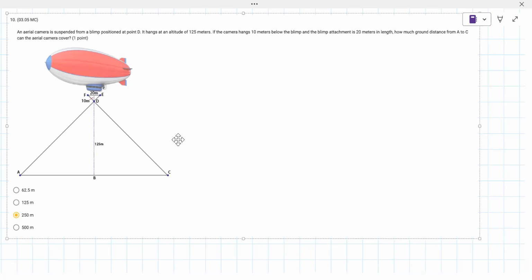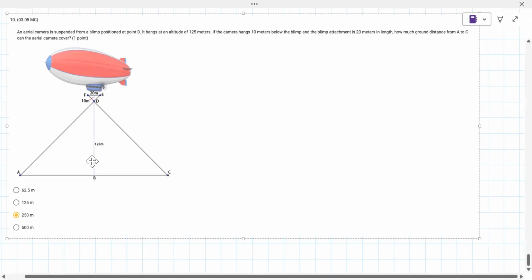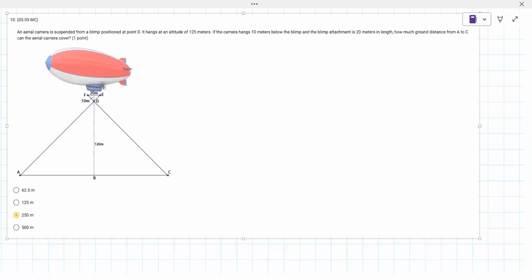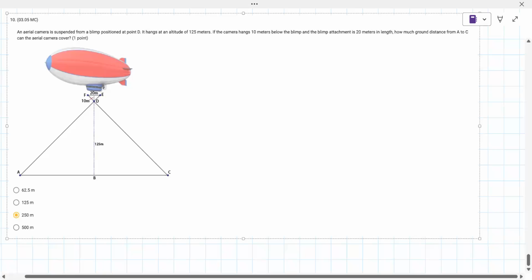So why don't you tell me what you did here? What did you do to find this answer? For this one, it tells you that it hangs at an altitude of 125, and that the camera hangs 10 meters, like the altitude of that smaller triangle at the top is 10 meters.